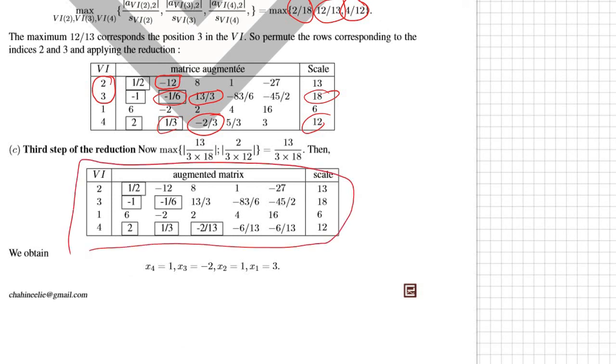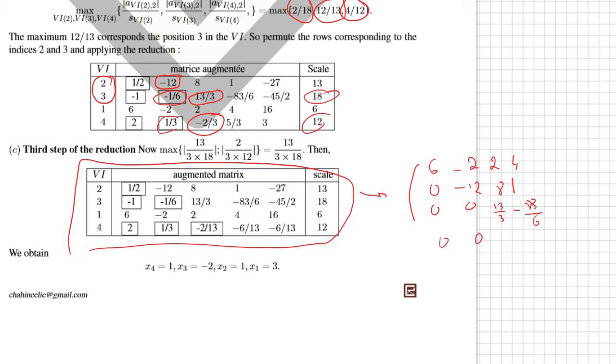So this system is the following one: 6, minus 2, 2, 4, and then 0, minus 12, 8, 1, and then 0, 0, 13 over 3, and then minus 83 over 6.